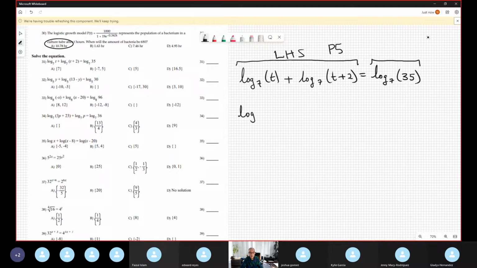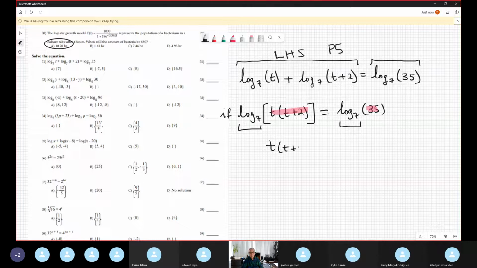And this is logarithm base 7 of the multiplication t times t plus 2, and this bracket is like the parenthesis of the argument, equal logarithm base 7 of 7. And now if you have two logarithms or two exponentials and the base is the same, the arguments are equal to each other. Now my equation does not contain logarithms, it's just a quadratic equation.